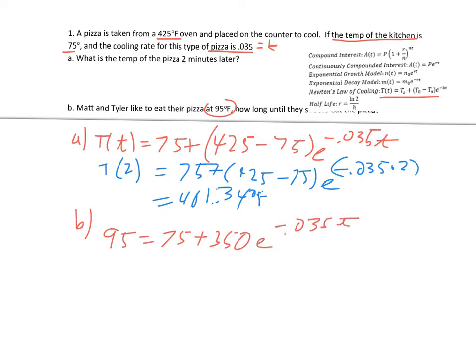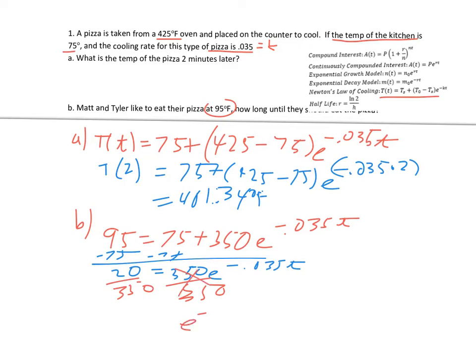All right, so now in this case, my variable is in the exponent, so I'm going to have to use logs to solve it. So I'm first going to subtract 75 over to this side. So I get 20 equals 350 times e to the negative 0.035 t. And then I'm going to divide this by 350.